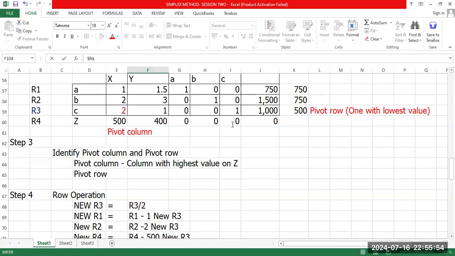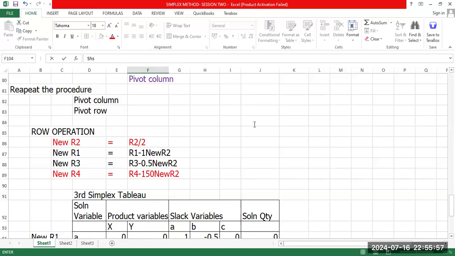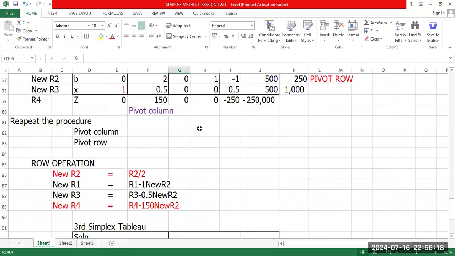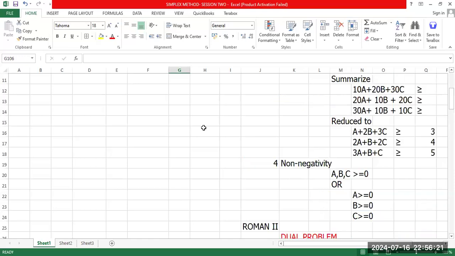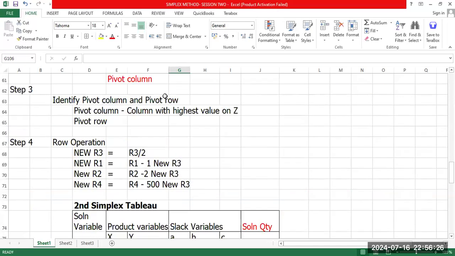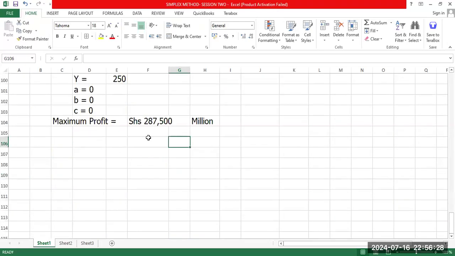We started with positive values towards getting negative values to know the conclusion. So here it is positive 287,500. But remember, our objective function was in millions. That's how you handle it.